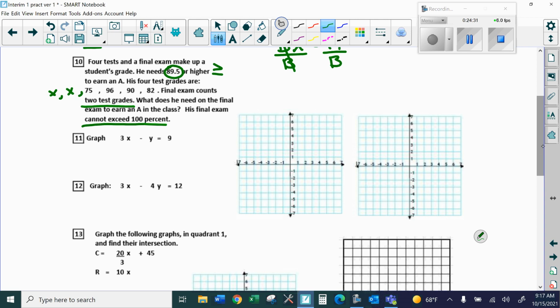So I add these up. 172, 178, 268, 293, 363. 363 plus 2x divided by 6 tests equals, and really I'm putting an inequality sign, greater than or equal to 89.5.